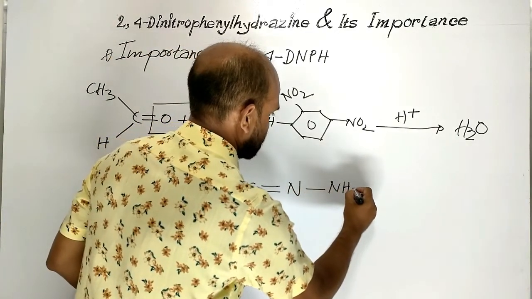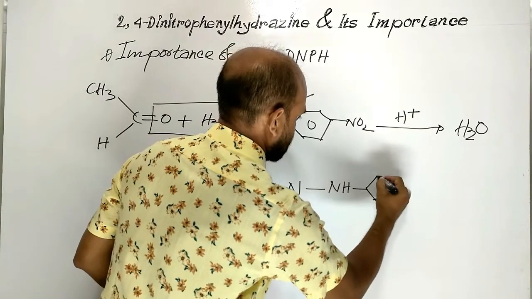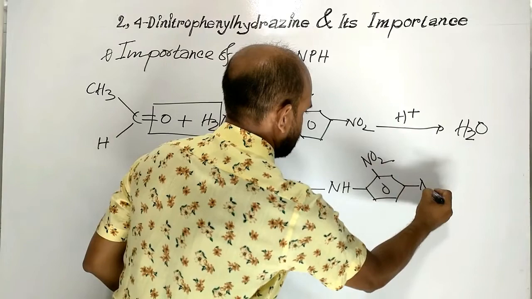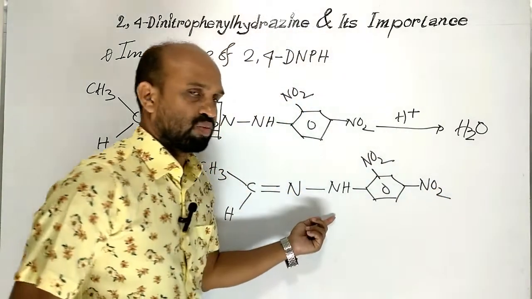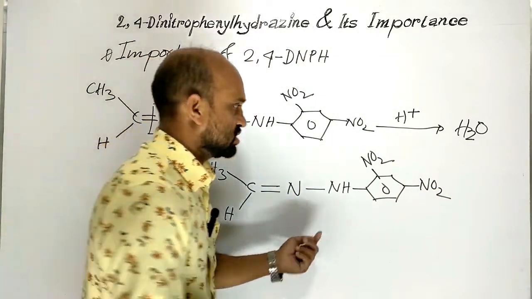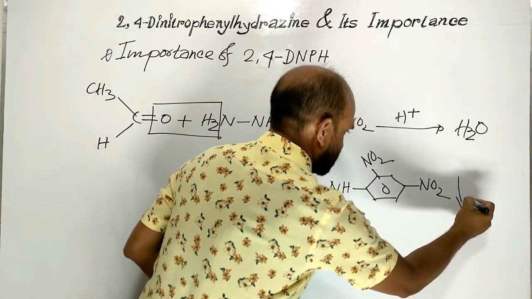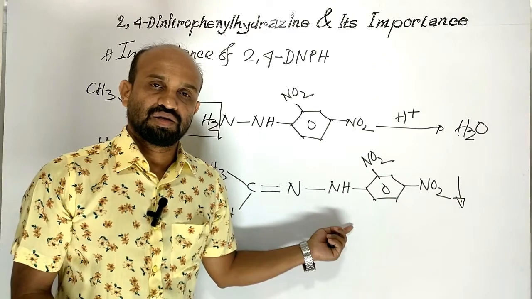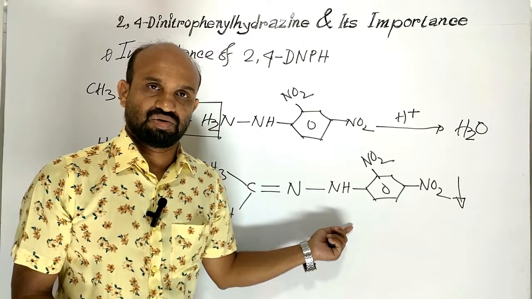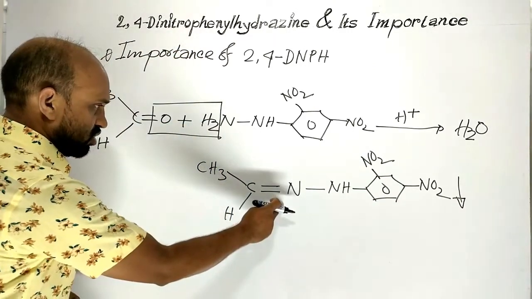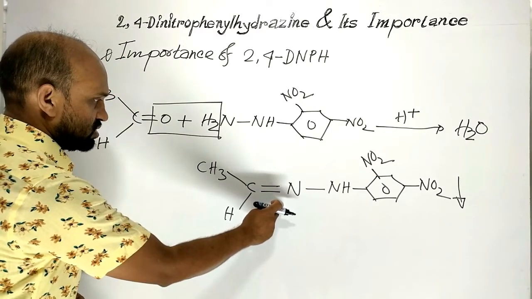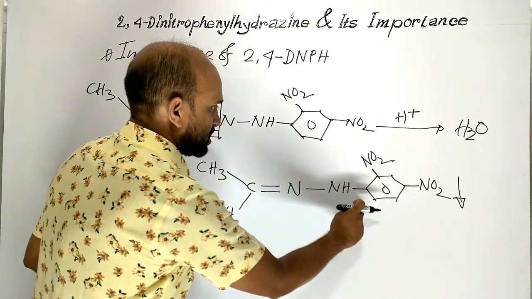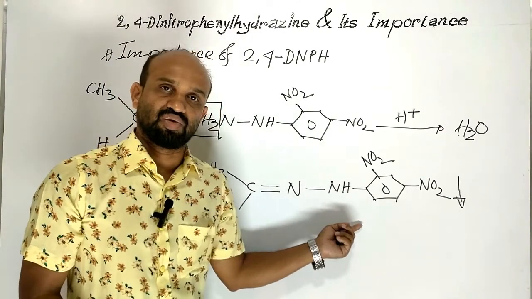Here NH, this compound is formed, which deposits as precipitate. Its color is yellowish orange. So this yellowish orange color of this compound, that is ethanal 2,4-dinitrophenylhydrazone.